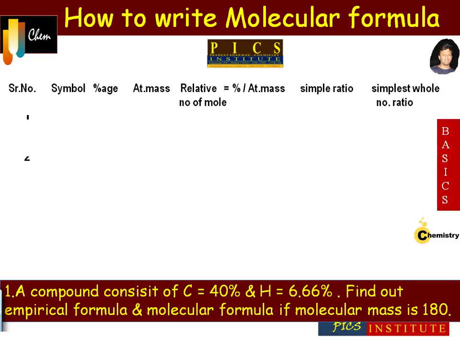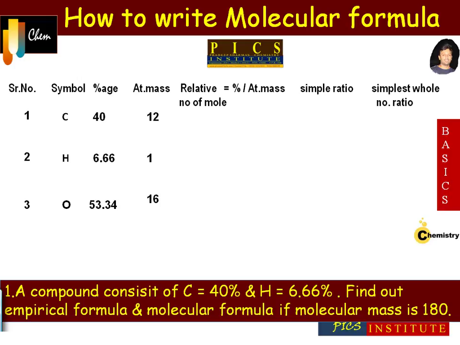First of all, put the value for empirical formula, the symbol of elements, their percentage, then check the sum of percentage. It is below 100, it means there is a third element, that is oxygen, and the remaining percentage is of oxygen.